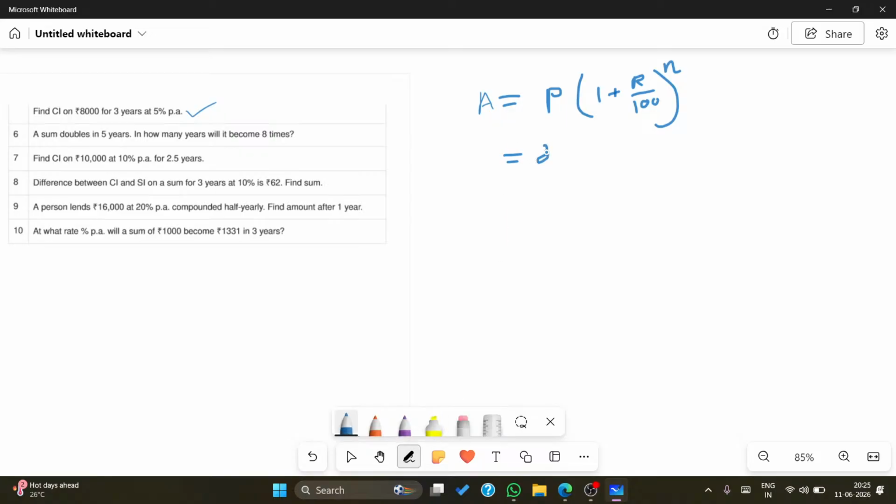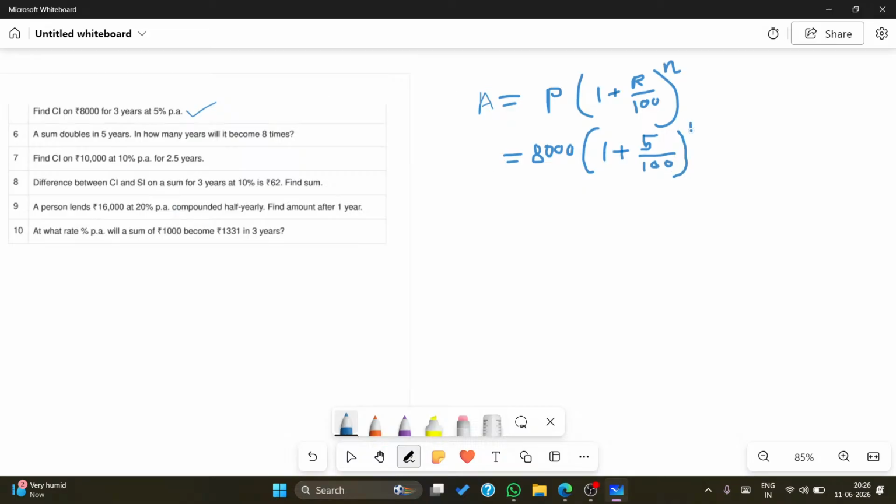And 1 plus R by 100, R means 5%, 5 divided by 100. Whole to the power n.